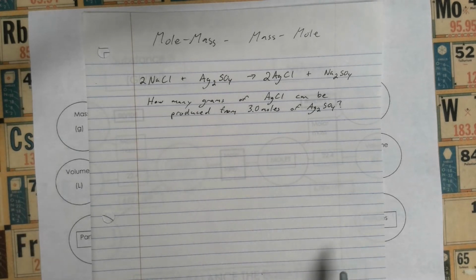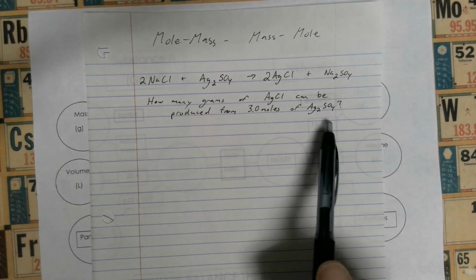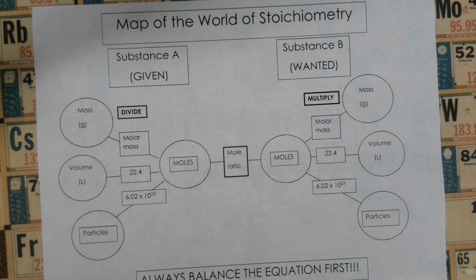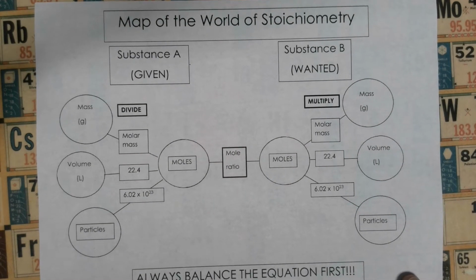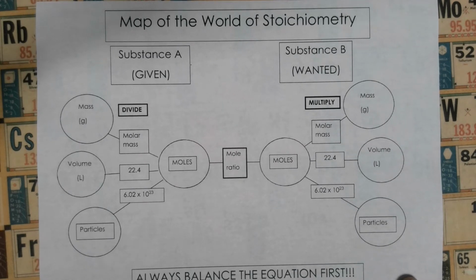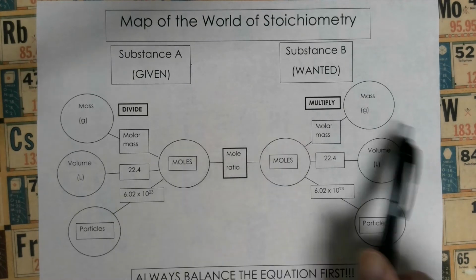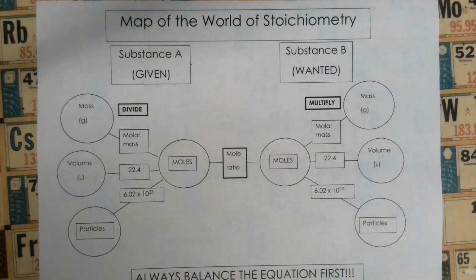So I'm given moles of Ag2SO4, and I'm trying to get to grams of AgCl. I provided you with this map of the world of stoichiometry, and what you can do with this is figure out where you are on the map. In this case, we're given moles.